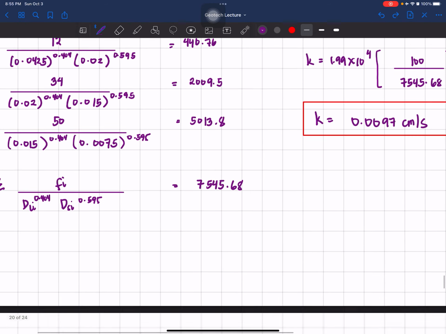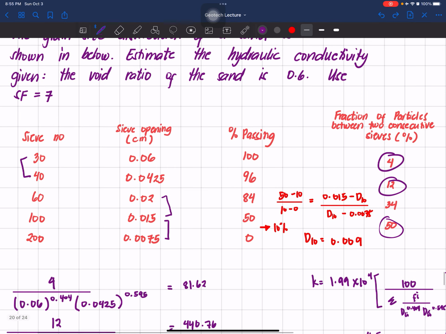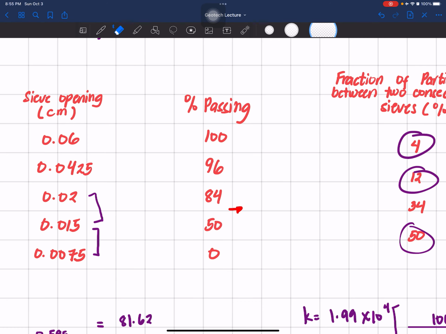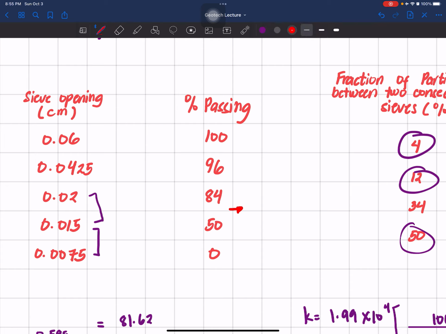So, how do we get for the D60? Okay, hanapin natin dito kung saan si 60. So, si 60 ay magfo-fall dito. Ayan. Magfo-fall si 60 dyan.